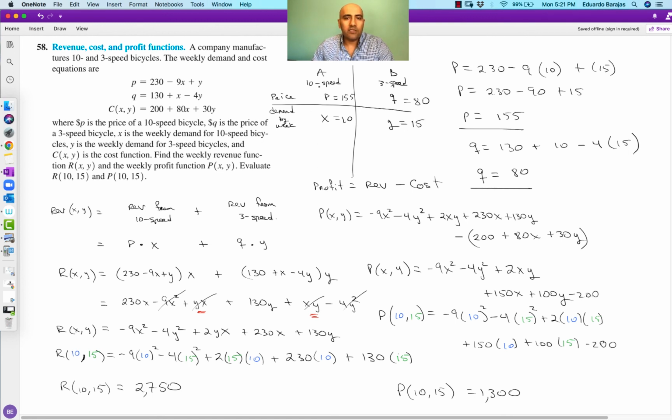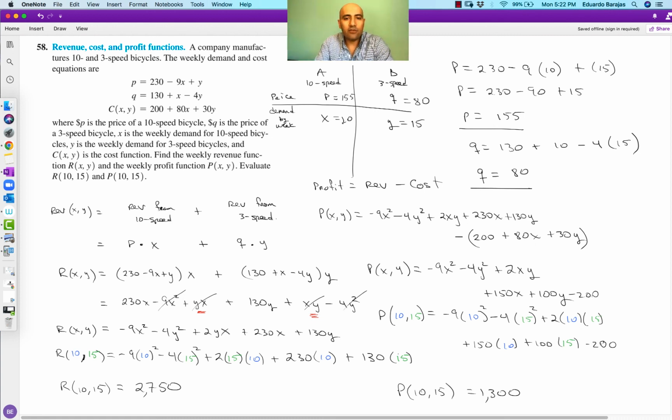So when we're producing a weekly rate of 10 of the 10 speeders and we're selling them at $155 per unit, and we're producing 15 of the 3 speeders and selling them at $80 per unit, then the total revenue collected is $2,750.